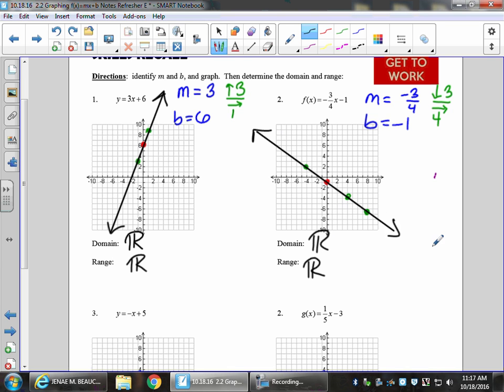Because for linear functions, we remember back to last unit, we talked how there's no restriction. A restriction would happen if we actually put a limit and we said x can only be greater than or equal to -8. It's not going to be in this equation. So for every single linear function on this page, domain will be all real numbers and range will be all real numbers. I'll show you after. I know what you're asking me. I'll show you an example.